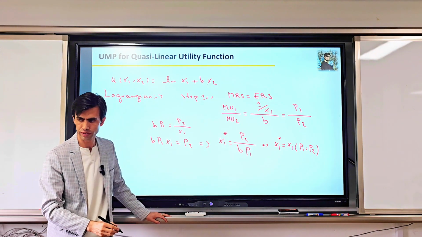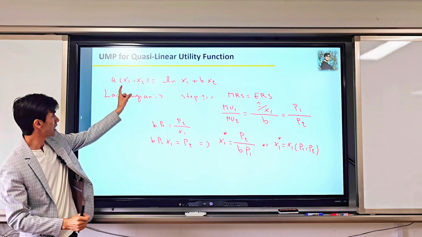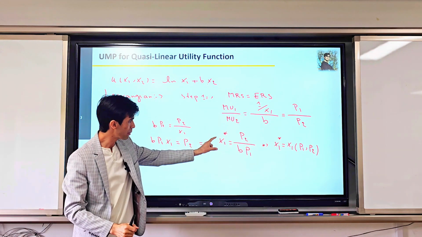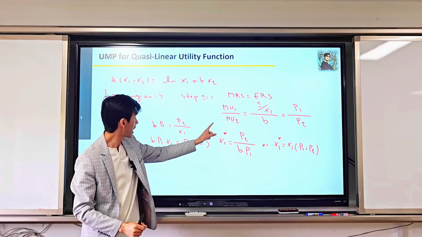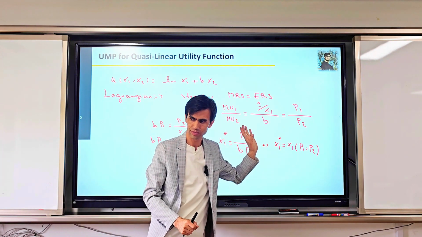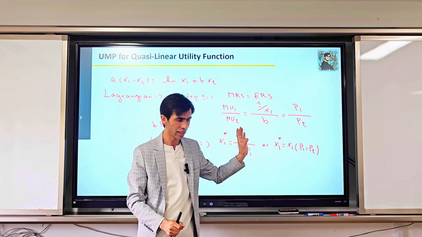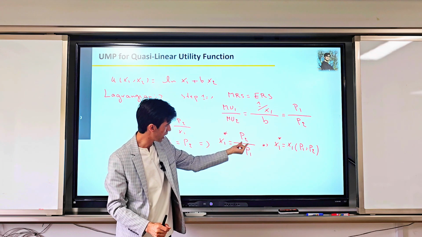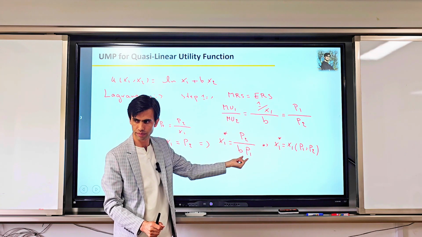There is no income. So in the case of a quasi-linear utility function, our optimal bundle for the nonlinear good is just a function of prices. You see that we have p1 and p2, and there is no income.